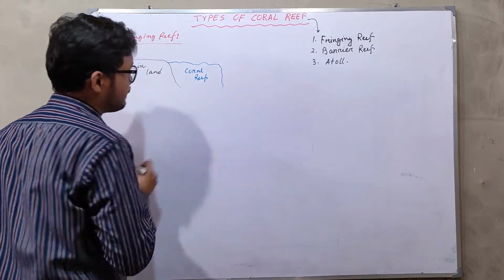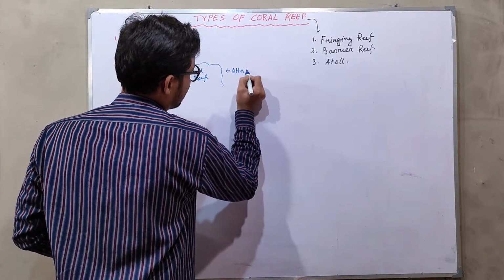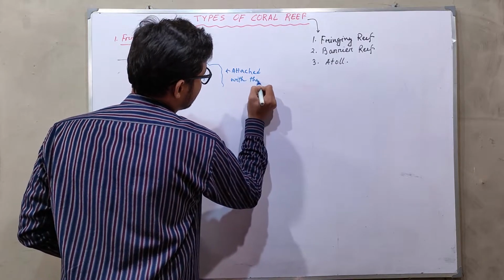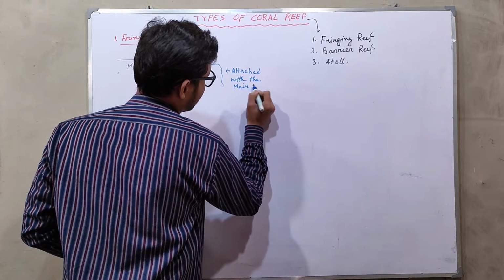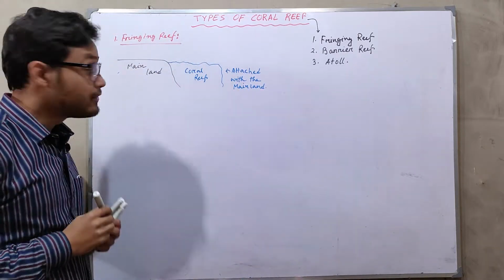Whenever a coral reef is attached with the mainland, these kinds of reefs are known as fringing reefs.